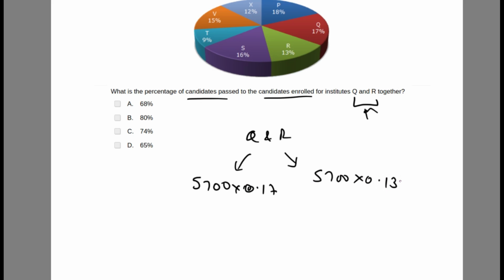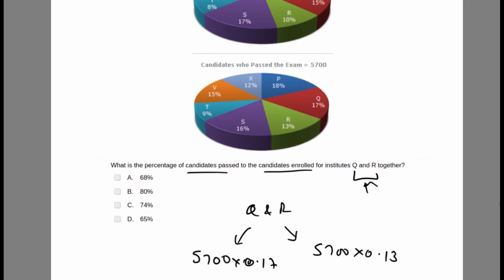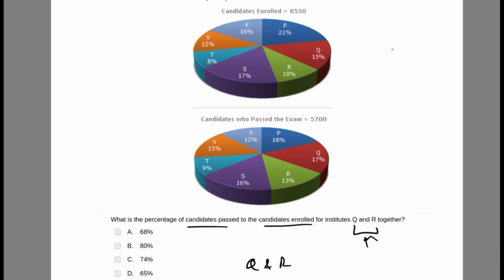This is for candidates passed, and we have to look for candidates enrolled too, which will be 8550 into Q and R, right? 15%, 0.15, plus 8550 into 0.10, which will be 855.